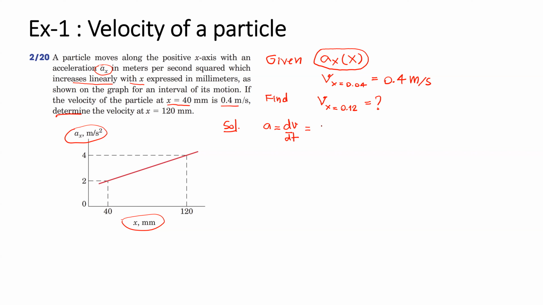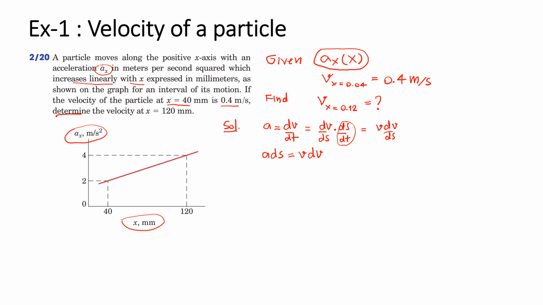By the chain rule, it is dv by ds times ds by dt. So we have v dv by ds. Does that make sense? And we have a ds equal to v dv.